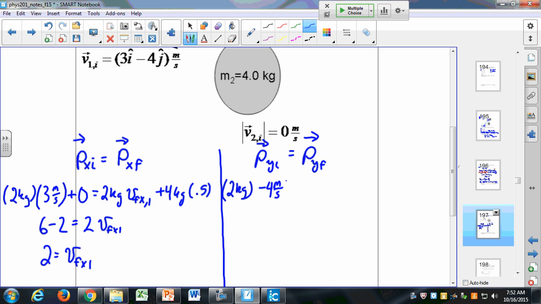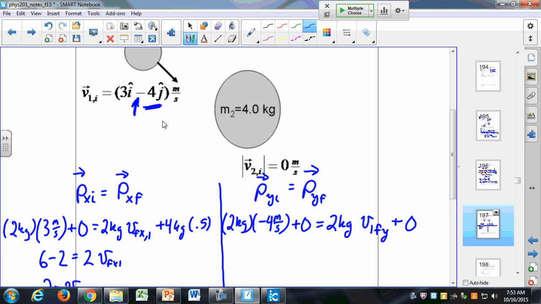meters per second. So now I'm looking at the y components here. It's negative, plus 0, because that second particle is not moving at all initially, is equal to m1, which is 2 kilograms, times v1fy plus 0. Why 0 in that second term?